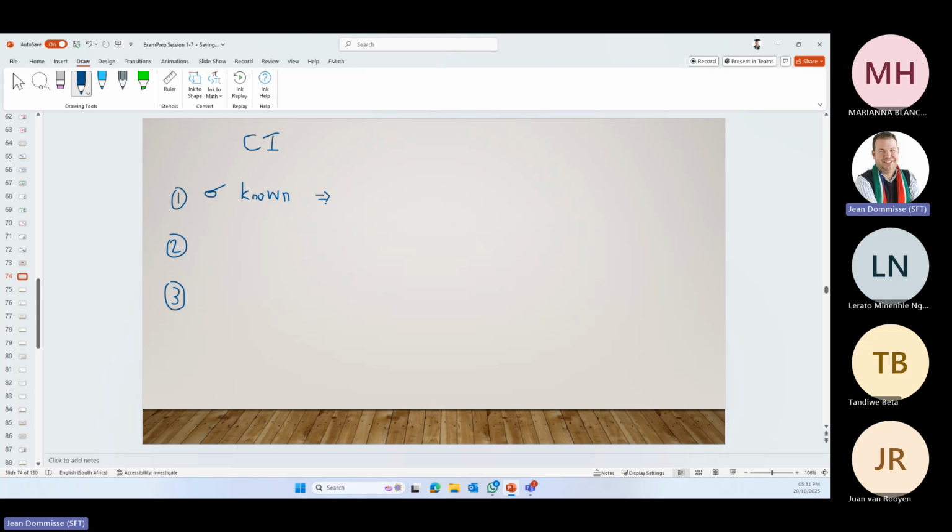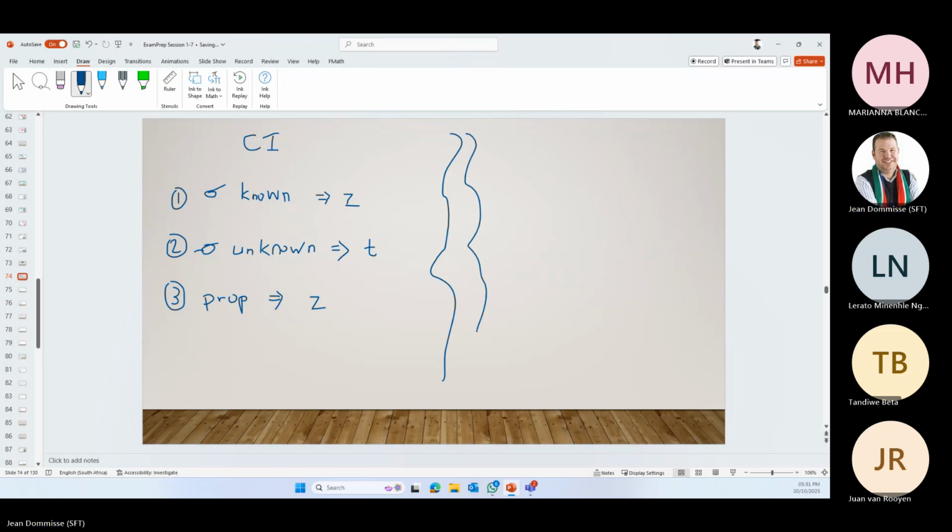Then we're going to use a Z. Then standard deviation unknown, we're going to use a T. And then when we get to proportions, we go back to the Z again. Okay, so that is on confidence intervals.